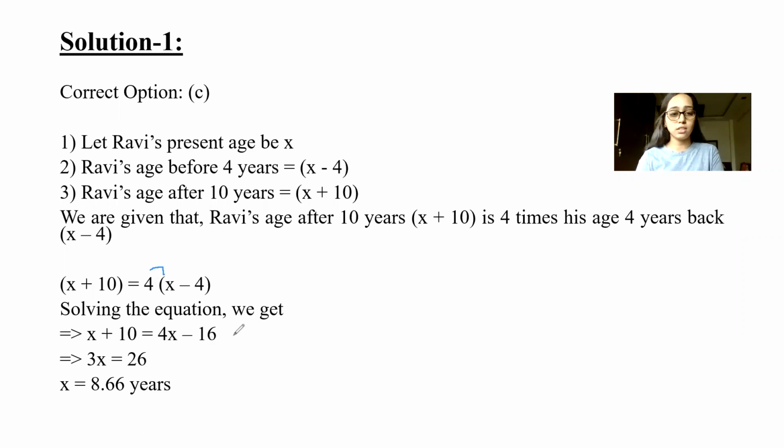Move x to one side and 16 to the other, so 3x equals 26, and then x equals 26 by 3. This is clear, right? So this is how we have solved our first question. Now we'll jump to the next slide.